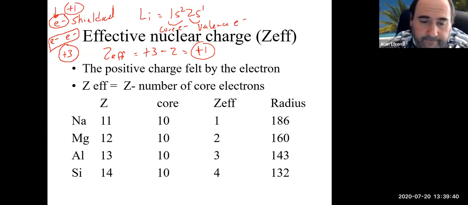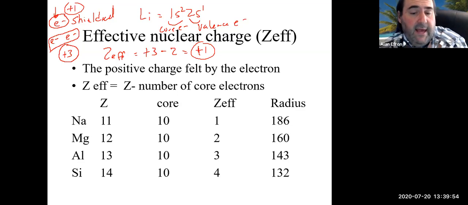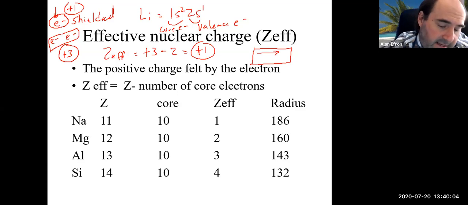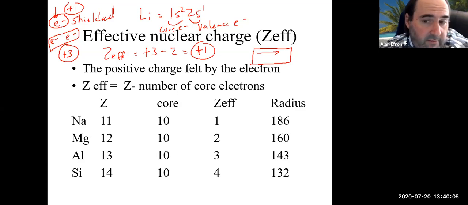So if we look at sodium, magnesium, aluminum, that's going across a period on the periodic table, and we do see that the effective nuclear charge does increase. One thing that you should be familiar with is that if you're heading this way on the periodic table, it is much harder to remove an electron.